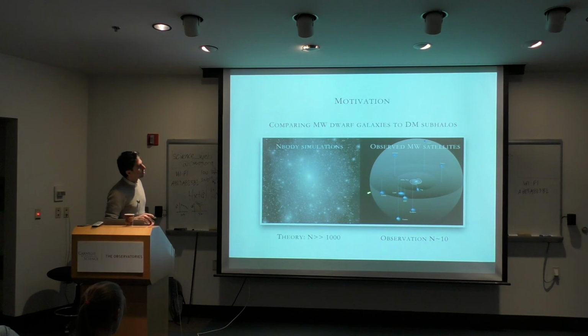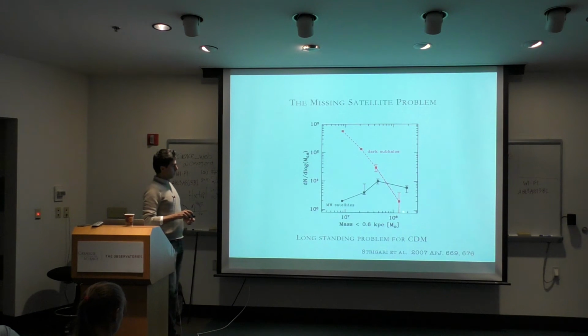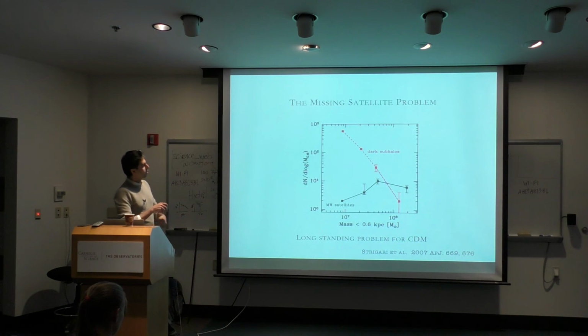And now, after more than 2 decades of deep searches for these things, we found maybe tens of these, something around 30, 40 now. This is a plot from Louis Strigari's paper, almost 10 years ago now, showing what has been called the missing satellite problem, the discrepancy between the number of dwarf subhalos in n-body simulations compared to the satellites of the Milky Way.